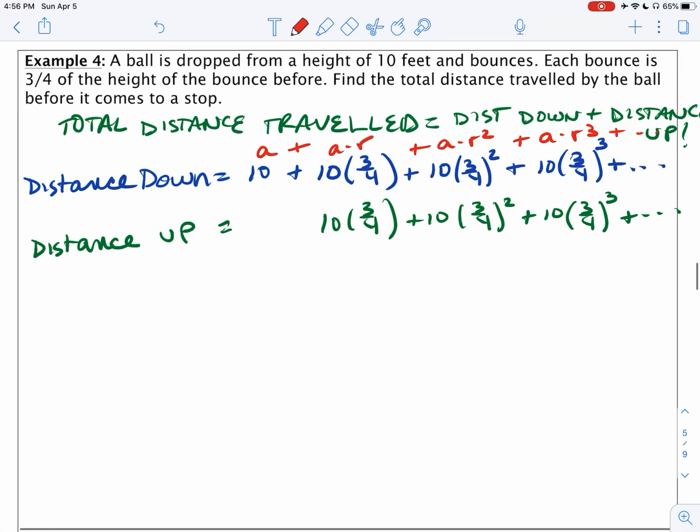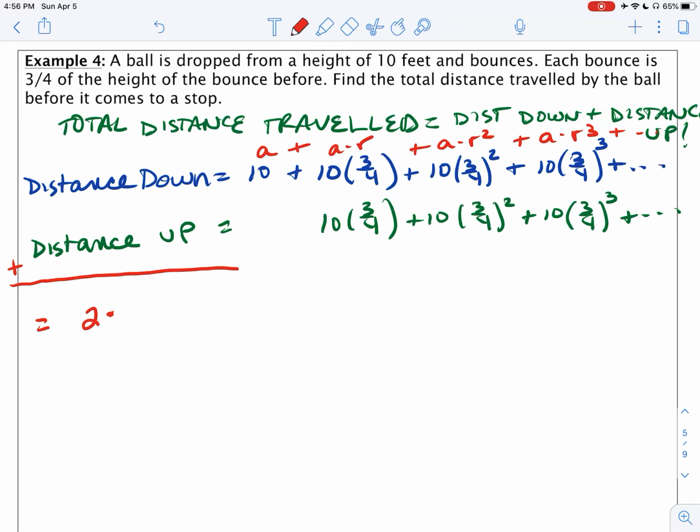We can say that the total distance down plus the total distance up, noting that the second one doesn't have the a, and that a is equal to 10, is going to equal 2 times the sum of n equal to 0 to infinity of 10 times 3/4 to the n, right?